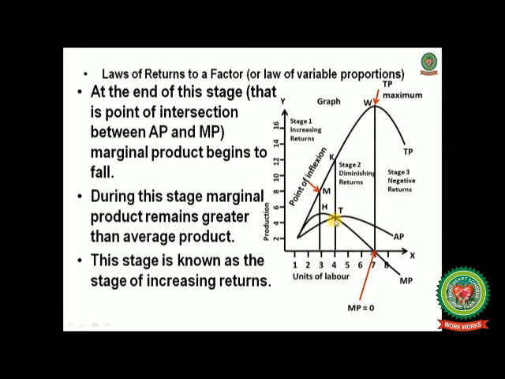Now, during the first stage, this is the end of the first stage line. Always remember, students, that the intersection point of AP and MP is the end of the first stage, and at the intersection point AP is the maximum, that is, per unit production by the laborers is maximum at this point, and this is the maximum point of AP also.